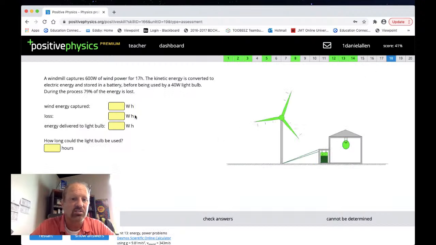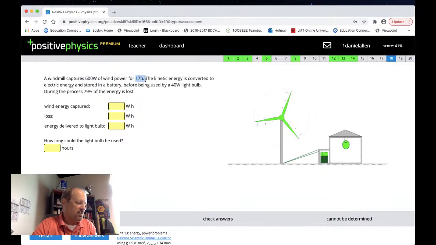Oh, here we go. 600 watts of wind power for 17 hours. So a watt hour is 600 times 17. The kinetic energy is converted to electric energy and stored in a battery before being used by a 40-watt light bulb. During the process, 79% of the energy is lost, which is pretty typical, by the way, for wind. So the wind energy captured is going to be 600 watts times 17 hours.